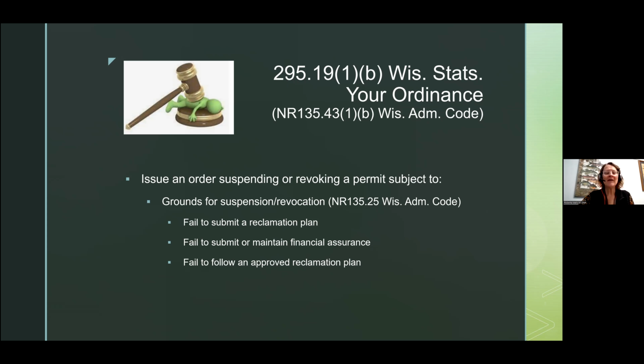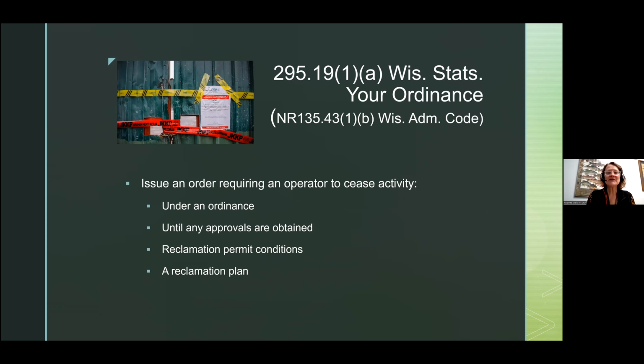Moving on, there's another authority that you have, also under that first section 1A, that allows you to order an operator to cease activities. So coupled with an order to comply or cease violating is your authority to issue that stop work order.